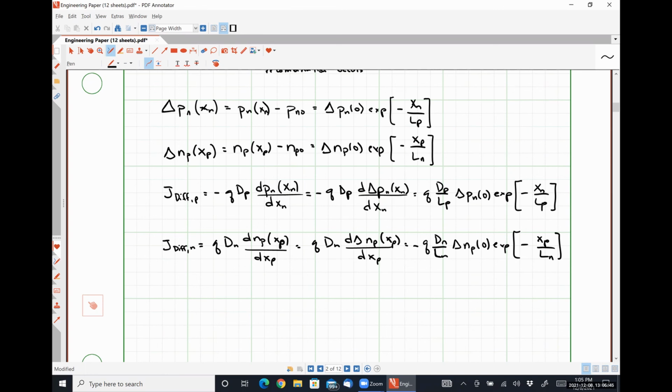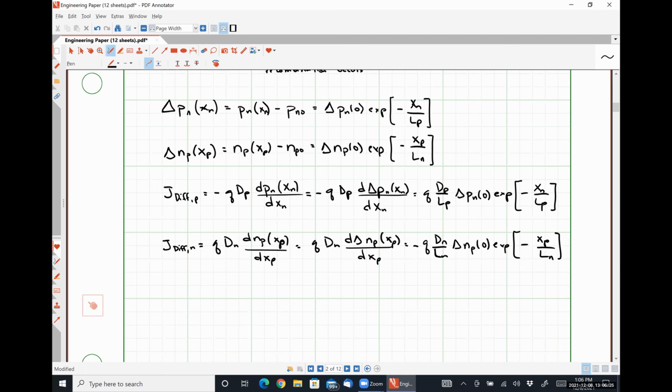And that's exactly what this bit is here, right? Because it's only the excess minority injected carriers that diffuse. And so when we substitute in all of our relationships from up here, this is effectively what we get. We have the charge of an electron multiplied by this ratio of the diffusivity divided by the diffusion length times the maximum number of excess carriers multiplied by a description of how that carrier concentration decays as we move further and further into the crystal.